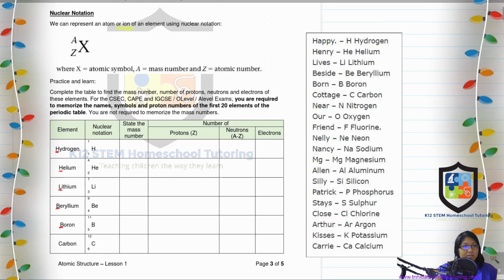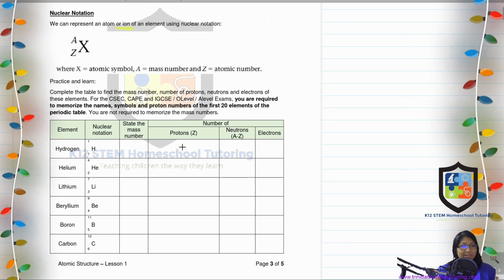Some students make up a song, some students just learn it 5 at a time: hydrogen, helium, lithium, beryllium, boron. They learn it 5 at a time every day, and you will have all 20 elements in your memory.